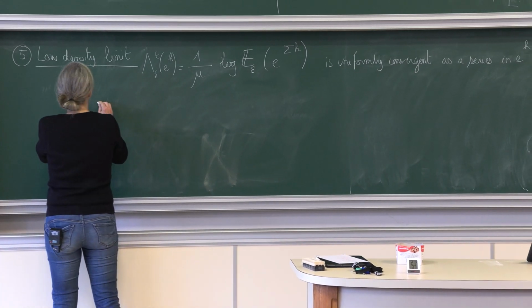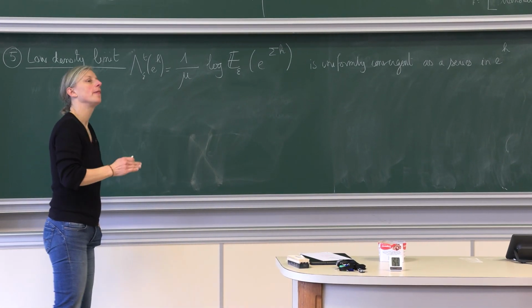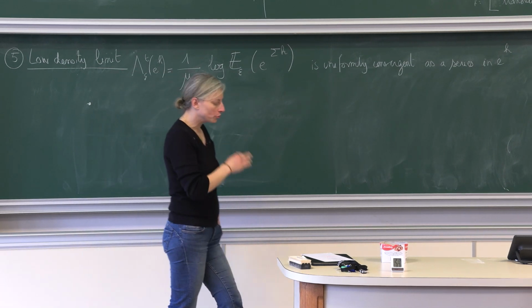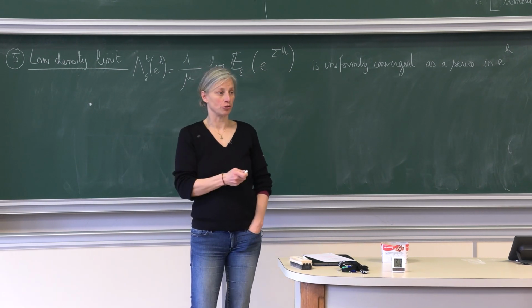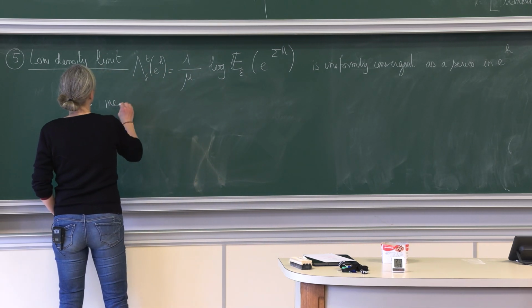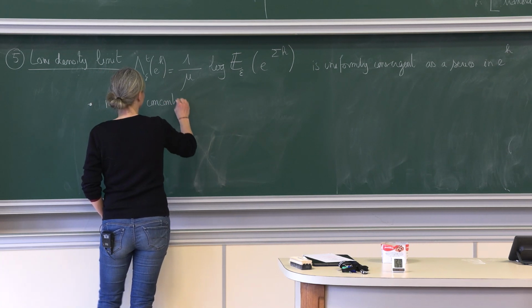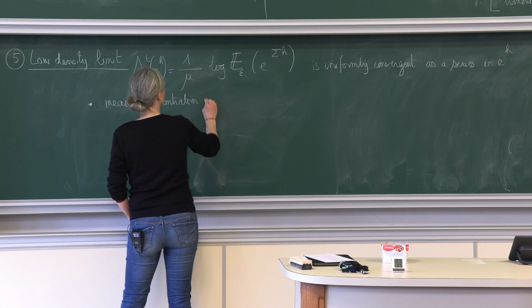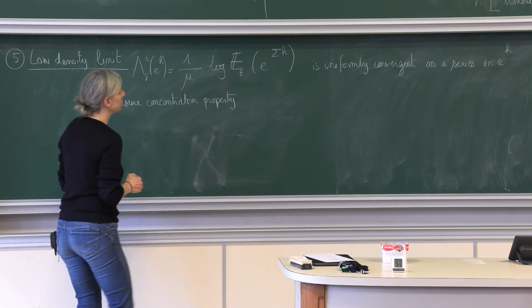So the first thing that I would like to say is that just with this, without computing any limit of anything, you already get a measure concentration property. Okay, so the first thing is that, and so that's related to what I said at the very beginning.